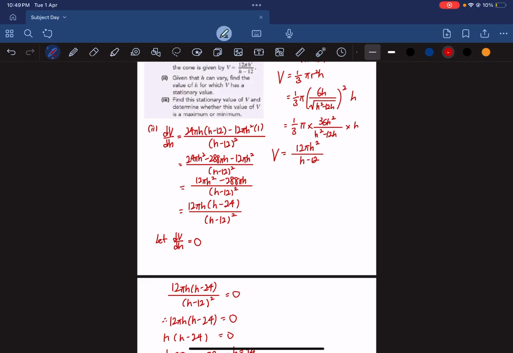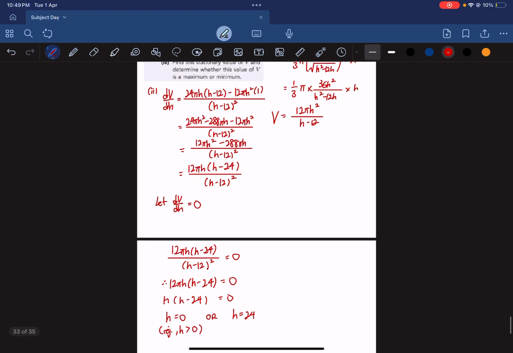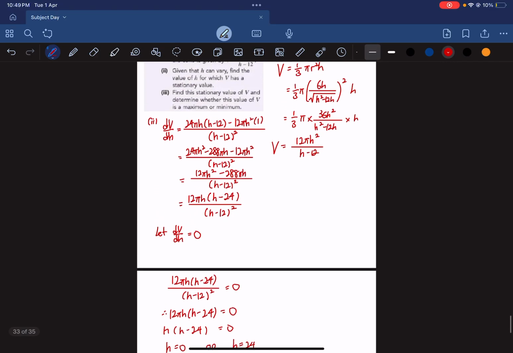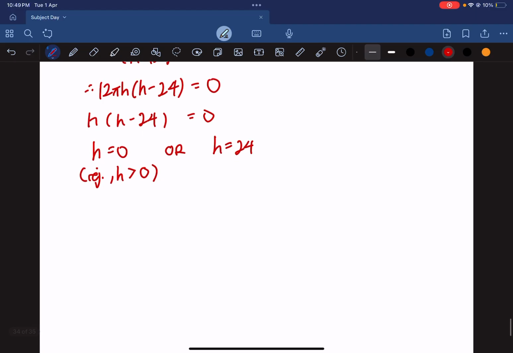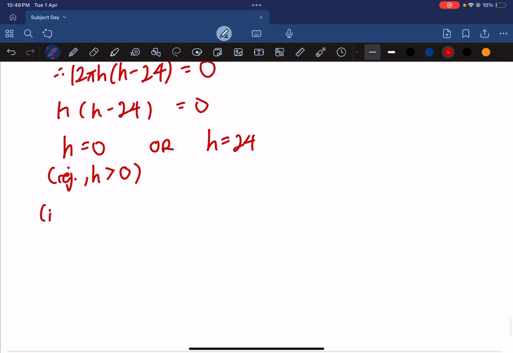Okay, so for the last part here, find the stationary value of V and determine whether this value is a maximum or minimum. Very simply over here, I will quickly run through this part, part 3 here.